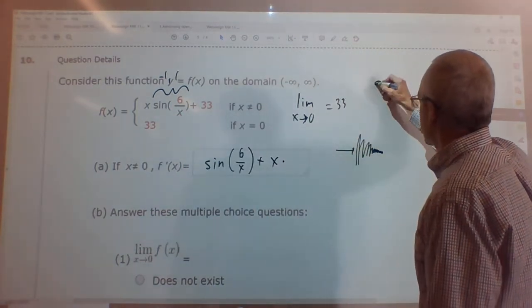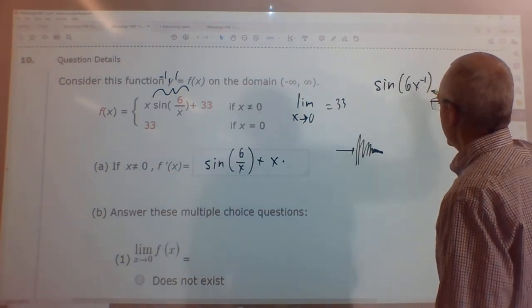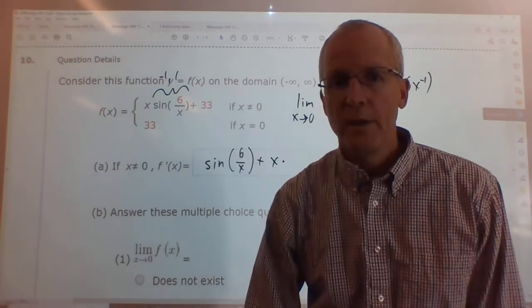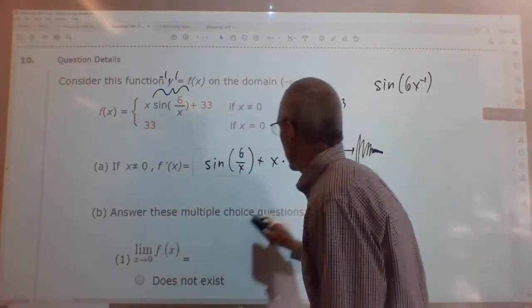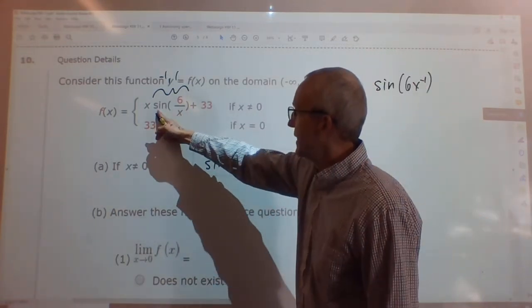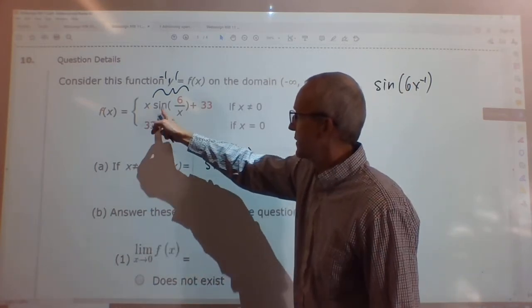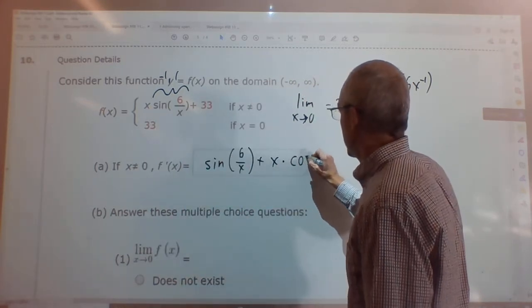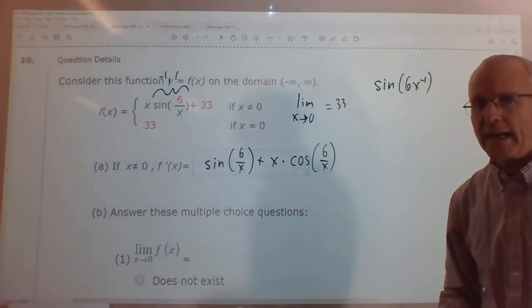Now I'm going to write sine of 6 over x as sine of 6x to the -1. That's just easier. So now we have to use the chain rule. The derivative of sine of anything is cosine of that thing. So it's the first times the derivative of the second, so that's cosine of 6 over x, times the derivative of what's inside.